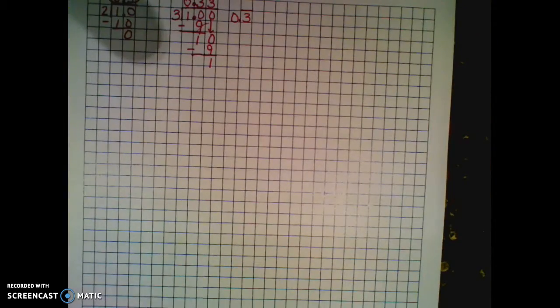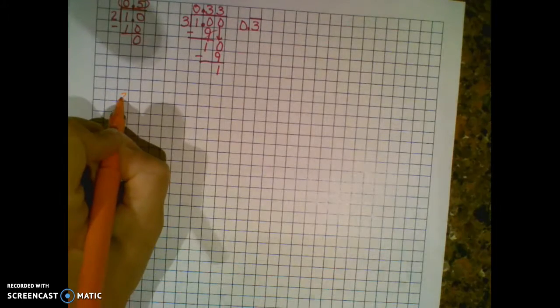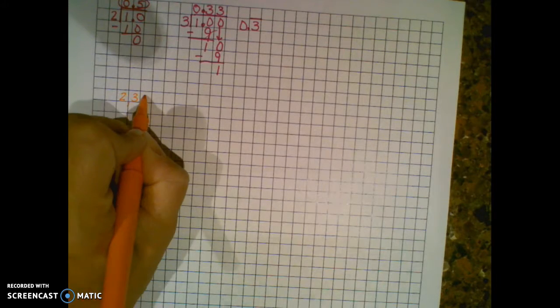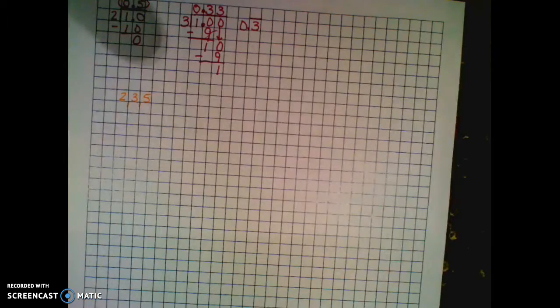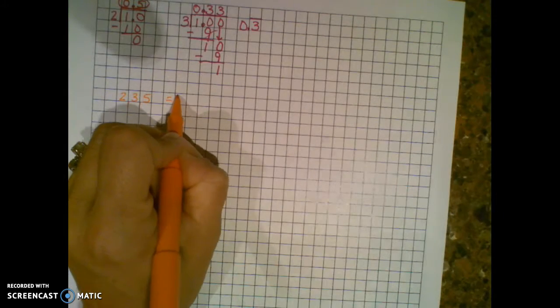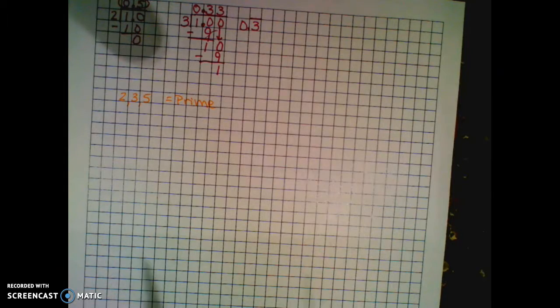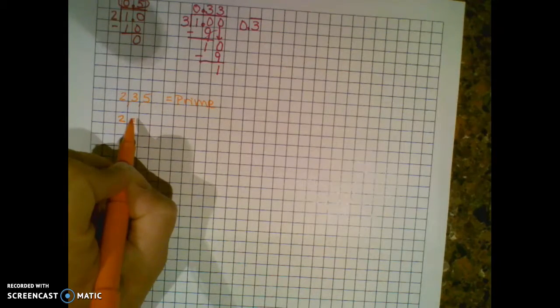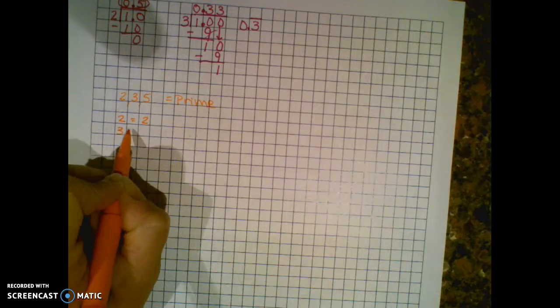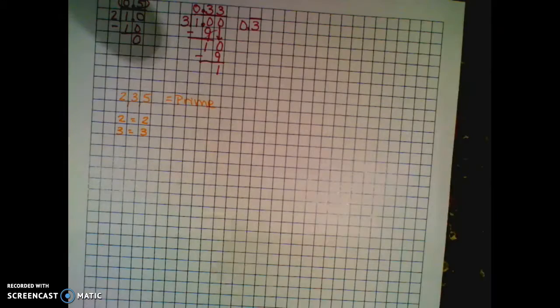So for example, numbers like 2, 3, 5 that are prime won't have a prime factorization other than themselves. So the prime factorization for 2 is 2. The prime factorization for 3 is 3.